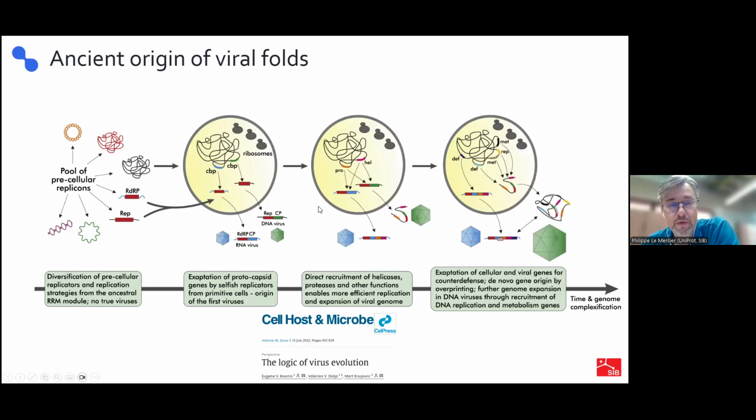So when you look at the origin of the viral folds from Koonin and Krupovic, in the logic of virus evolution, the theory is that there was a pool of protocellular replicons in which folds originated, like RNA-dependent RNA polymerase, the Rep from Monodnaviria, which are single-strand DNA viruses, or other kinds of replication proteins.